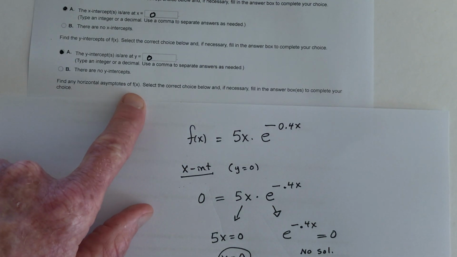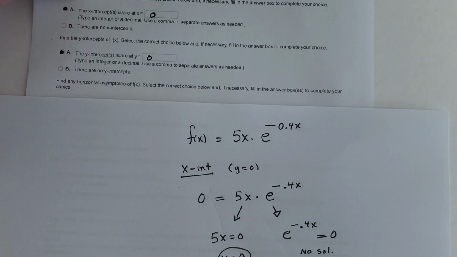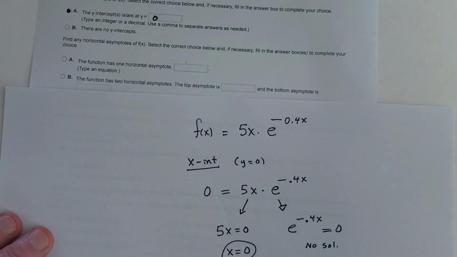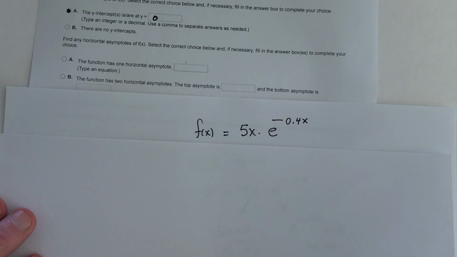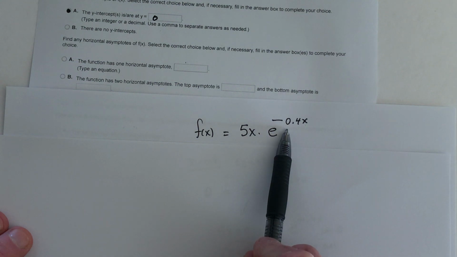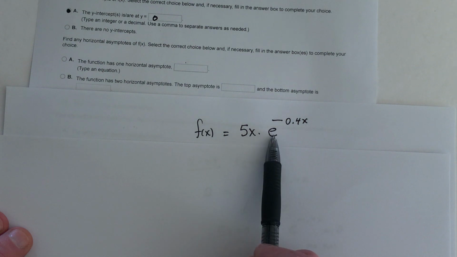For any horizontal asymptotes, you use L'Hopital's rule. And L'Hopital's rule is for functions that are fractions. At first, it looks like this one is not a fraction. But if you get rid of a negative exponent, that means you have to invert this part.